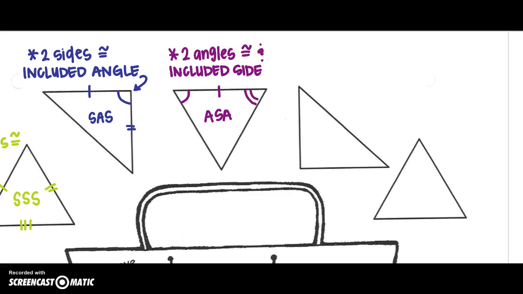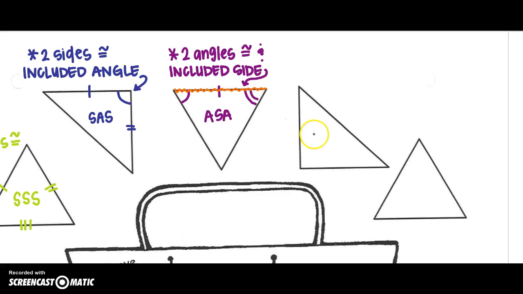And remember, to be an included side, we need to be between, in the middle, kind of those angles wrap around the outside of the included side. So make sure that you are able to recognize what side you actually have.